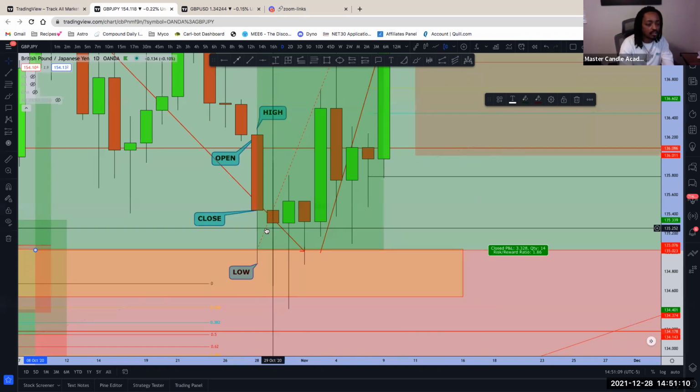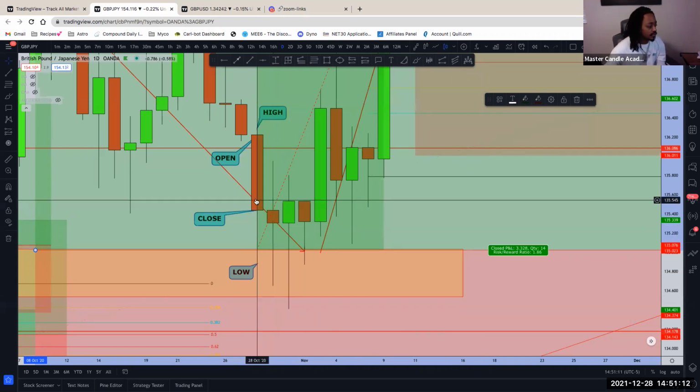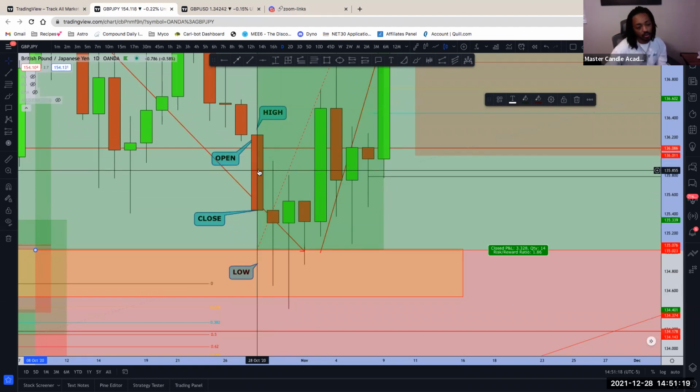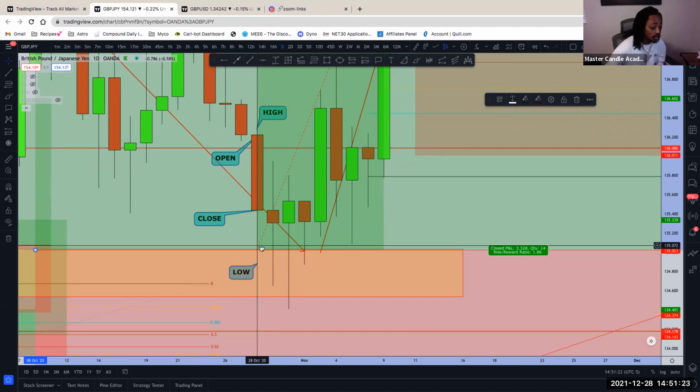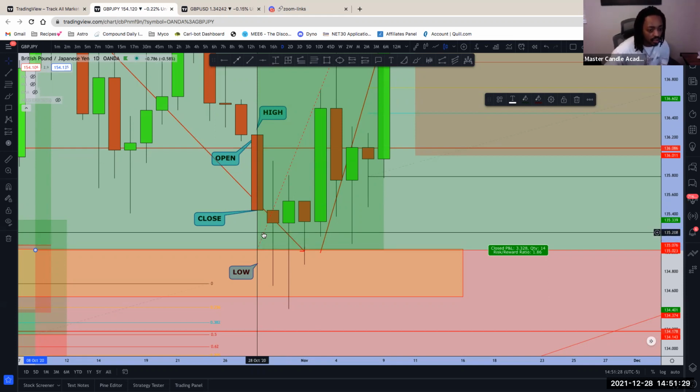So it's not about it closing by the body of the previous. No, so the body necessarily isn't what we're worried about. No, we're worried about the previous high and the previous low. Just as long as it is above the low wick. Yes, absolutely.